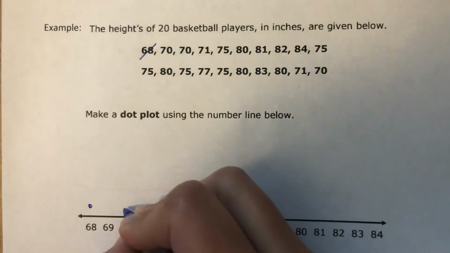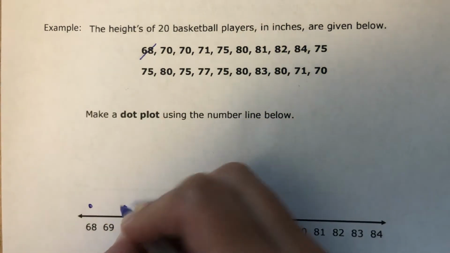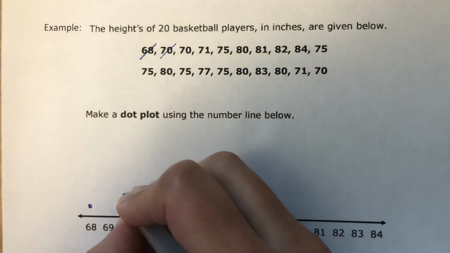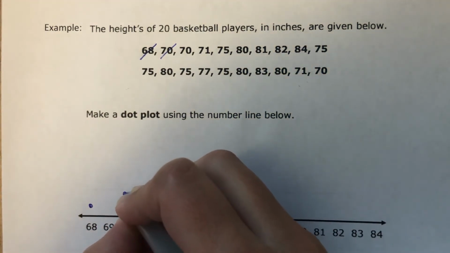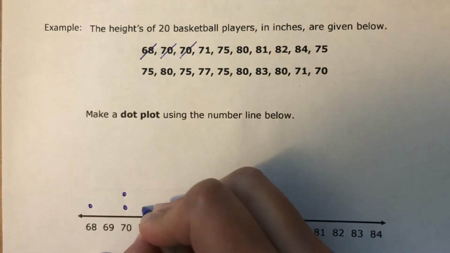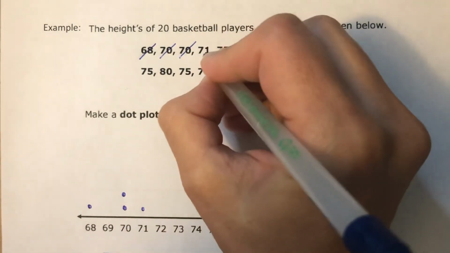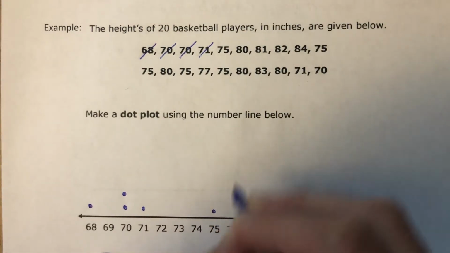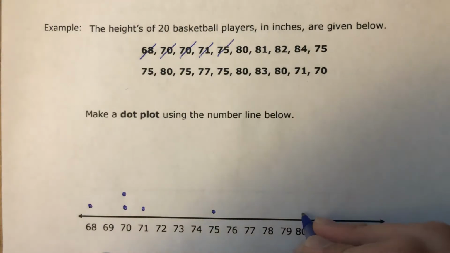70, make a dot, cross it off. I have another 70, so I'm going to stack it above the last 70. Cross it off. 71. Cross it off. 75. Cross it off. 80.